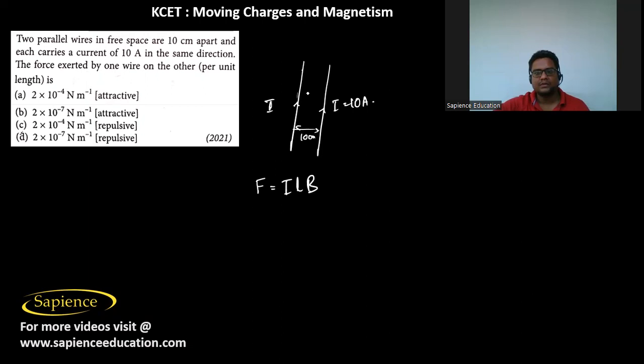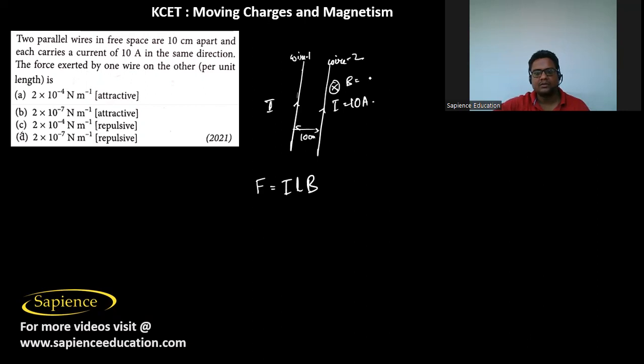For this, let's say we call the wires wire 1 and wire 2. The force acting on wire 2 due to wire 1: first we have to find the magnetic field, which will be inwards here.